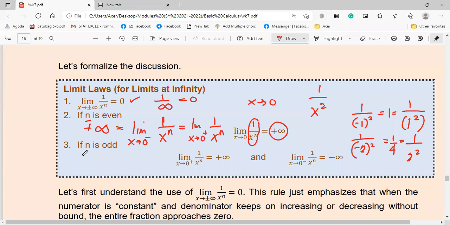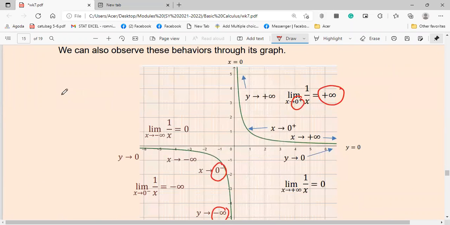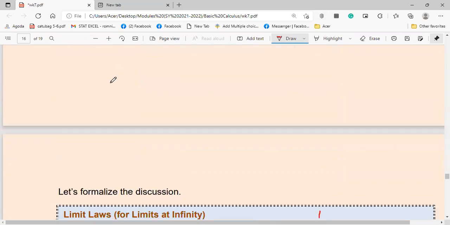Samantala, sabi niya, if n is odd, mag-iiba ang kanyang movement. Pag nilapitan mo ang 0 mula sa right, ay mag-i-increase ang y. Katulad ng pinapakita nito. Kasi ang graph nito, class, y is equal to 1 over x. Assumption, 1. 1 is an odd number. Isn't it? Okay?